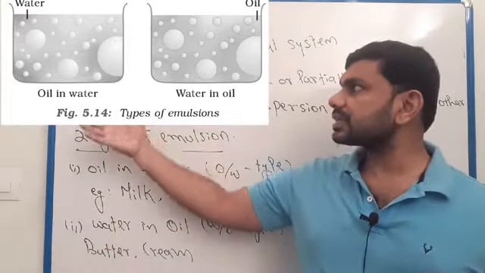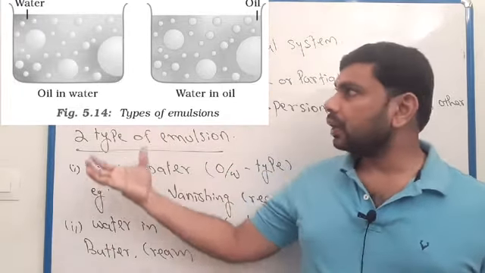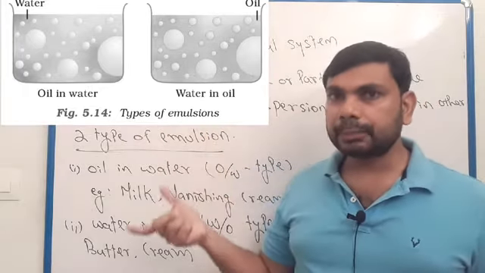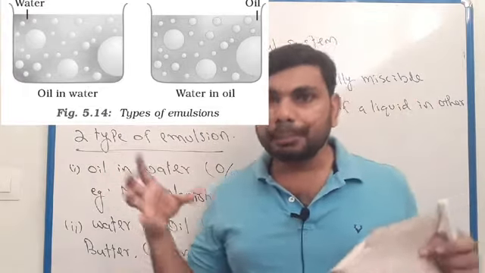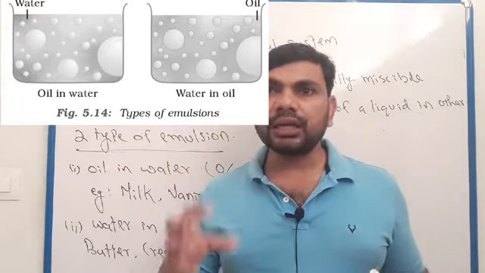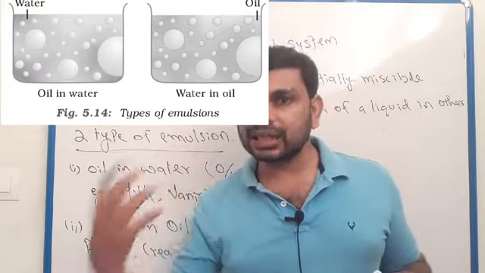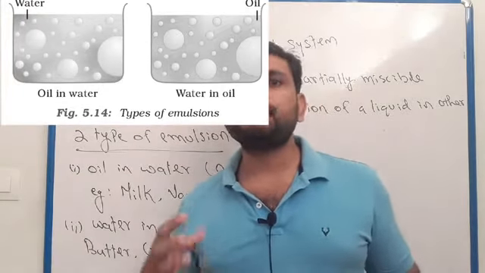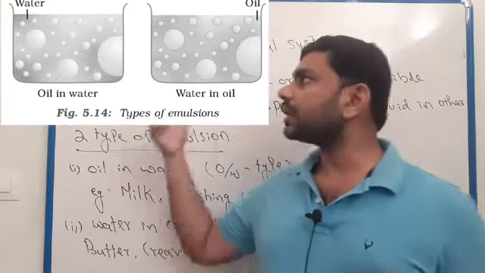So here we discussed what is emulsion. Emulsions are liquid colloidal systems. When we mix two immiscible liquids or partially miscible liquids, one of the liquids will disperse in another liquid and form a colloidal system. Such colloidal systems are called emulsion.